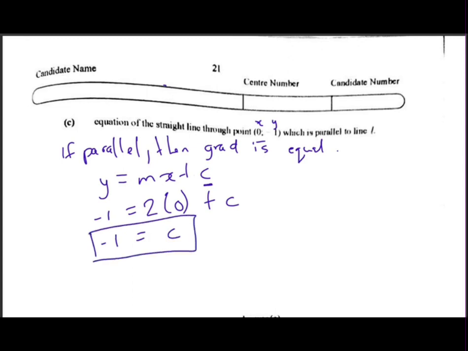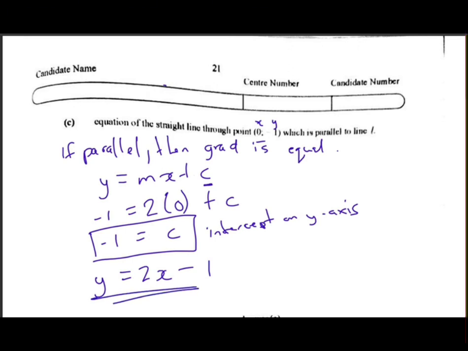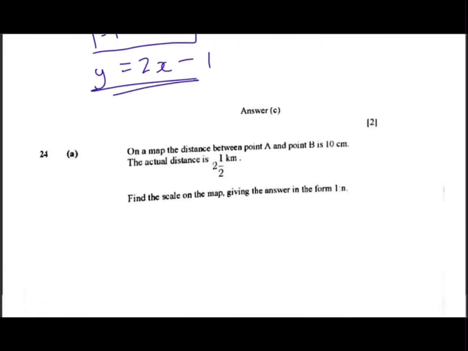So this new line will cross the y-axis at -1. So that's the y-intercept. From here, it is very easy. Then we just rewrite our general equation. Our gradient, we've already calculated, it's 2, and our y-intercept is -1. So our new equation is y is equal to 2x minus 1.